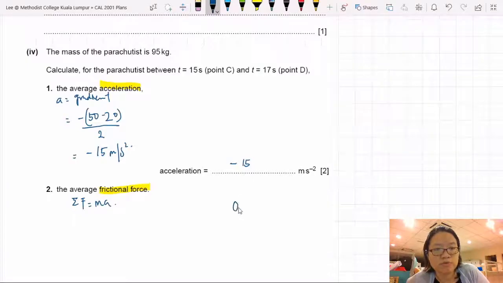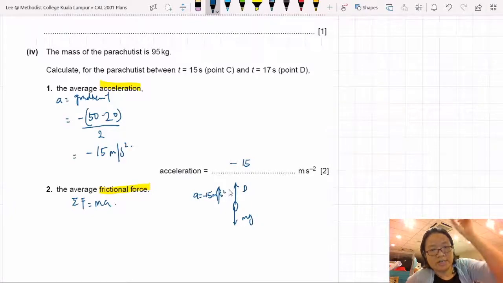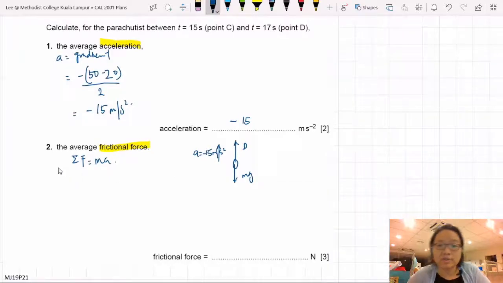To find the average frictional force, I'll use F equals ma. Let's consider the forces. We have drag pointing up, we have mg pointing down, and the acceleration is negative, upwards. Upwards is negative in this question, because we're slowing down. Upward is negative, downward is positive.